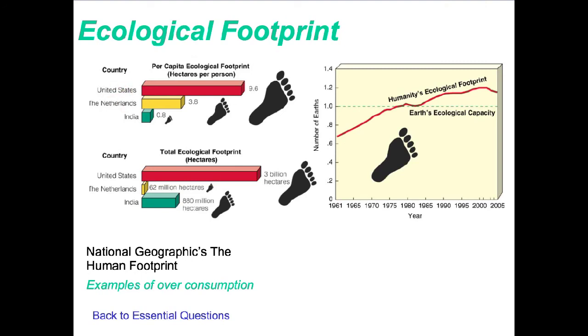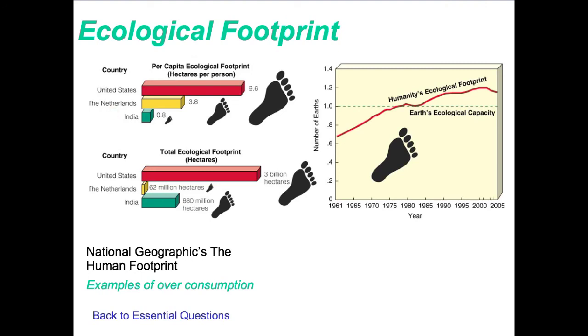So if you look over on the side, we have different countries and their ecological footprints compared to each other. In the United States, we're looking at 9.6 hectares. And a hectare is a unit of area, like acres, except it's a little bit larger. It's the metric unit for acres. So someone from the United States takes up 9.6 hectares.